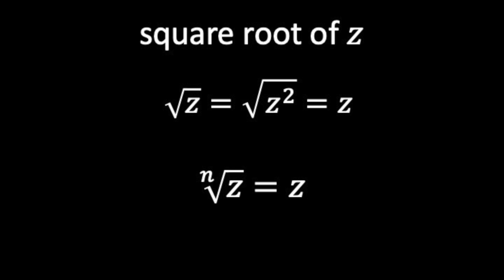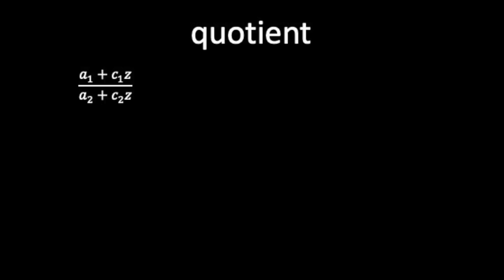So far, so good, but now let's consider the division of two meta-complex numbers. This becomes much more complicated, even when we consider the very easy case of real zero numbers of the form a plus cz. The division of two of those numbers has the form a1 plus c1z divided by a2 plus c2z.